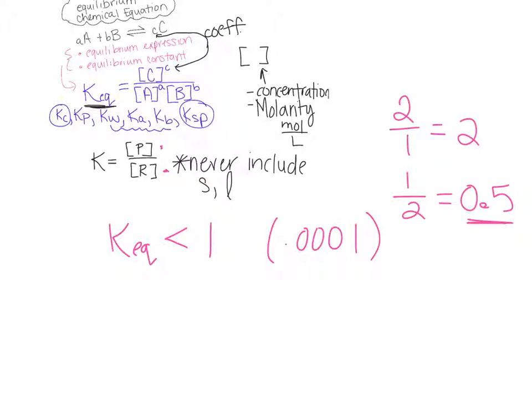The half. That's what I'm talking about here. So which did I have more of? Reactants. Right. So if you have this, that means you're favoring reactants.